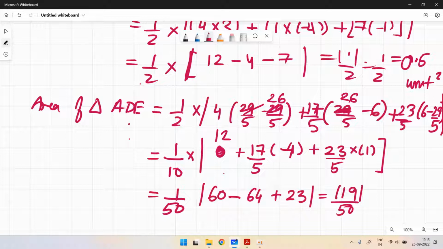50. And 30 minus 3 is plus 15. Again, it is showing some negative variations.